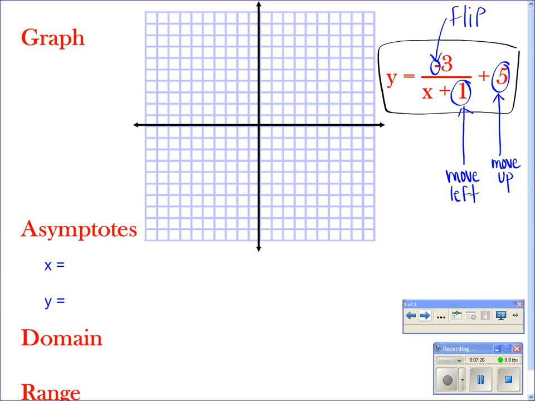So looking at this, let's do our moving numbers, write down our asymptotes first. We've got to move left 1. And up 5. Okay, so let's put those as the asymptote equations. The x equation, the one that goes through the x-axis, is at -1, and the y is going through 5.